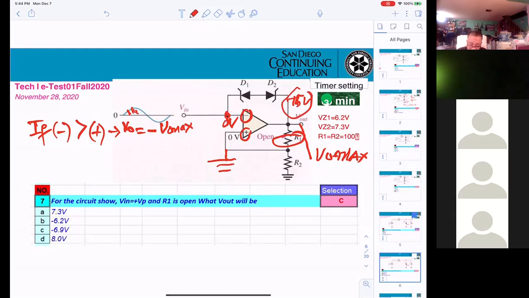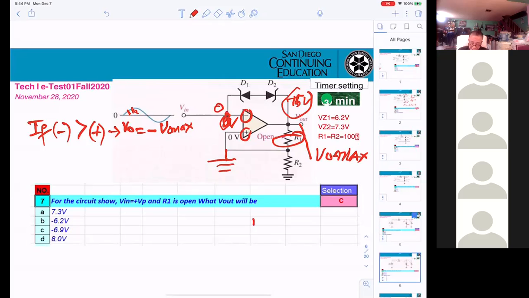They're telling you you get a 0 volt at this point. So D2 will be normal. D1 will be breakdown. D2 will be normal, that you get positive, negative, 0.7.